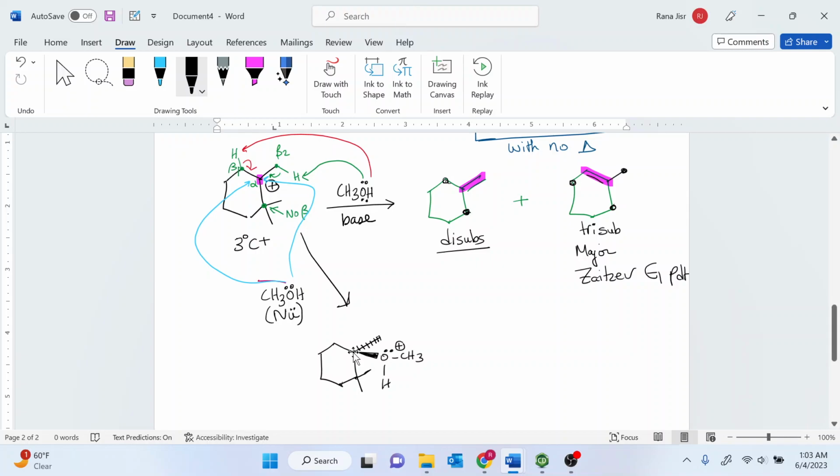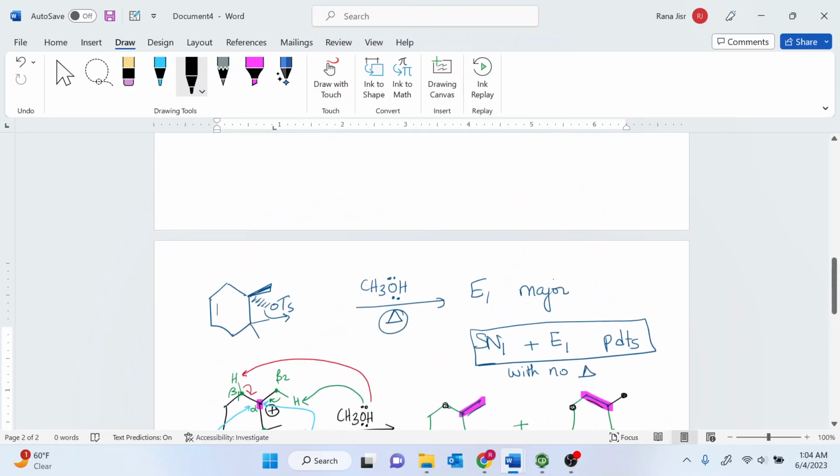So this is a chiral center, plus my second isomer, where my CH3 is going to be in front, and the methanol is going to attack from the back. And then I have my 2 hydrogens in there. And again, this is a chiral center.